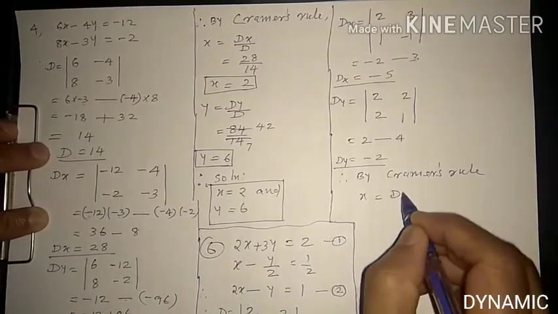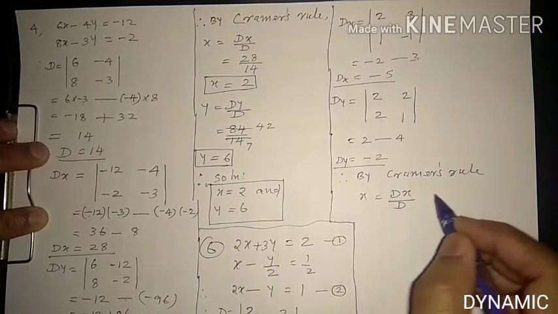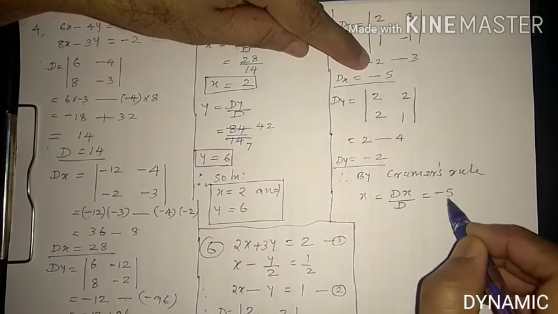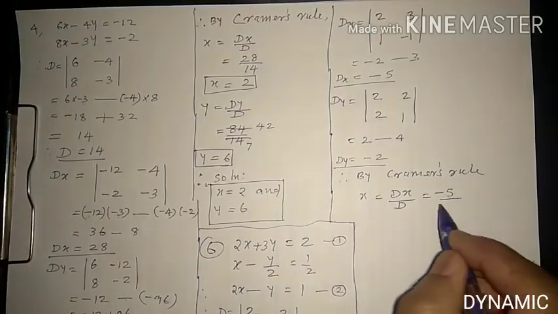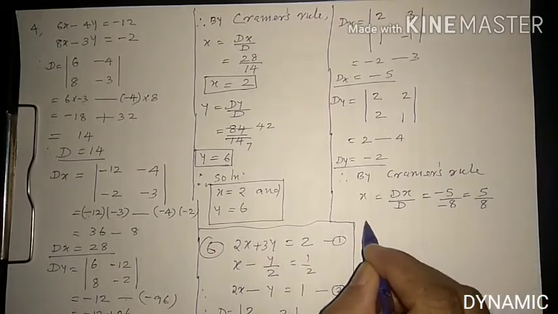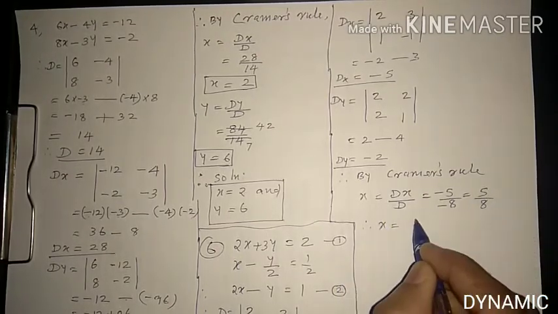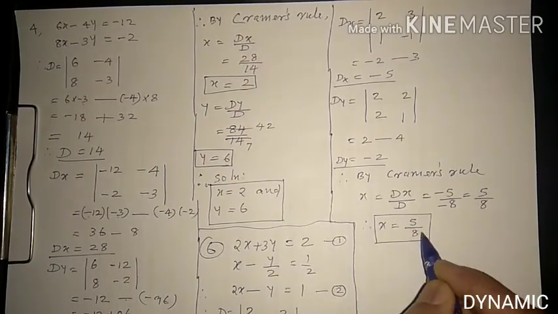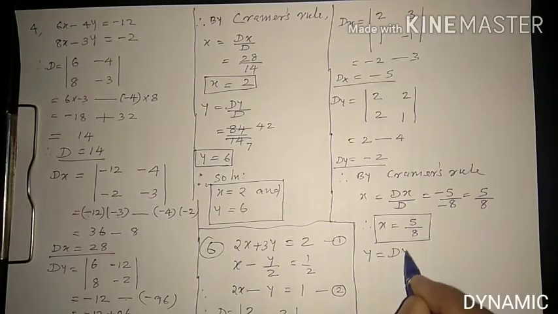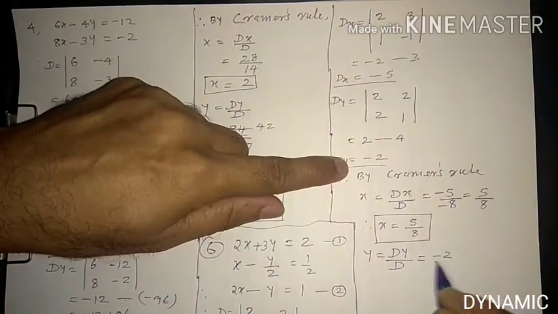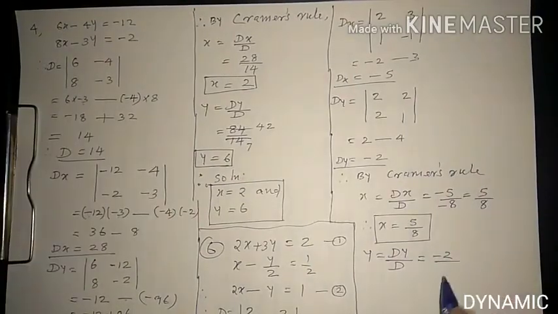x is equal to Dx upon D. How much is Dx? We have minus 5 upon D, minus 8. Minus minus cancels. It is 5 by 8. Therefore, x is equal to 5 by 8. It is a proper fraction, denominator greater. Y is equal to Dy by D. Dy we have minus 2, D we have here minus 8.